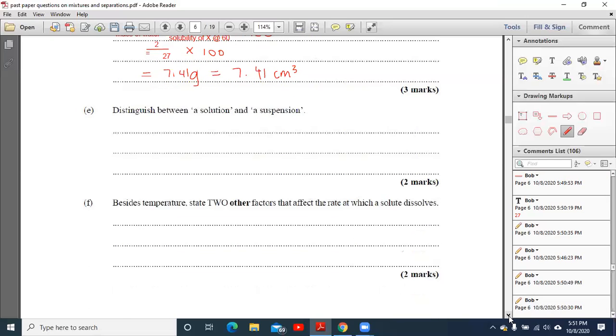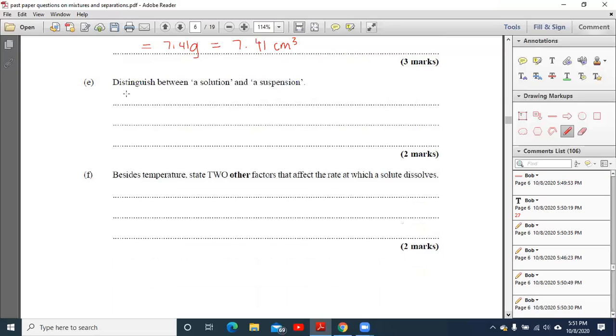So we have our theory part here, which says part E, distinguish between a solution and a suspension. When we see the word distinguish in our past paper questions, we know they're asking us to identify maybe a little bit of the similarities, but mainly the differences between the two things they're asking us to distinguish.